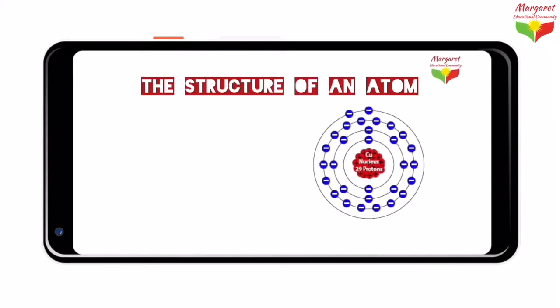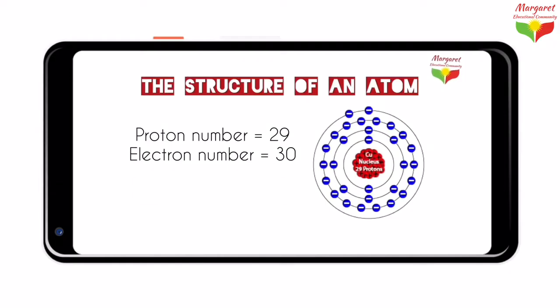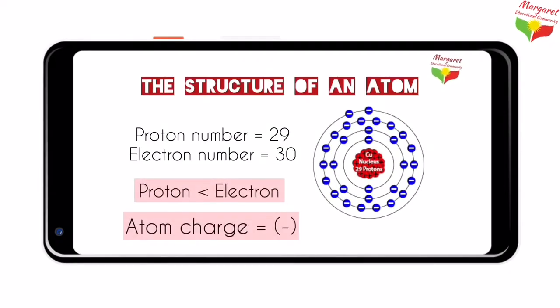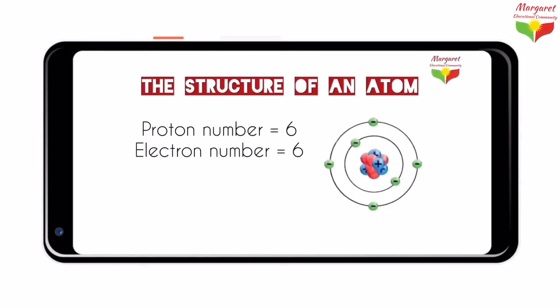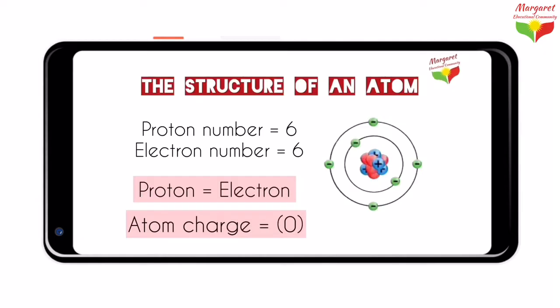If it contains more electrons than protons, it will carry the charge of the electron. It will be negative. Now for the atom that contains the same number of protons and electrons, the positive and negative charges cancel each other and the atom will carry no charge. We call it a neutral atom.